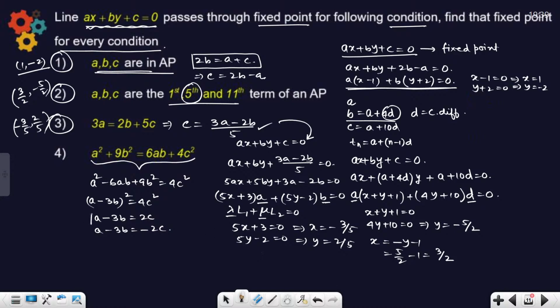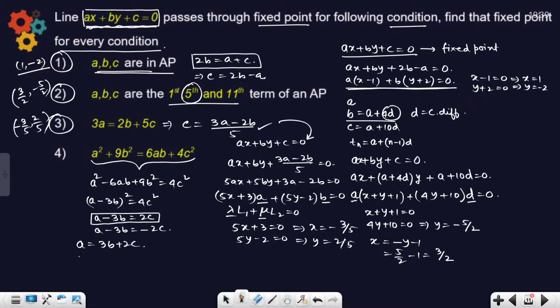So take the first condition and put it in the given equation, which is ax plus by plus c equals to 0. Simply put those values over there. Actually, let me do it. From this, what you are getting? A is basically 3b plus 2c.